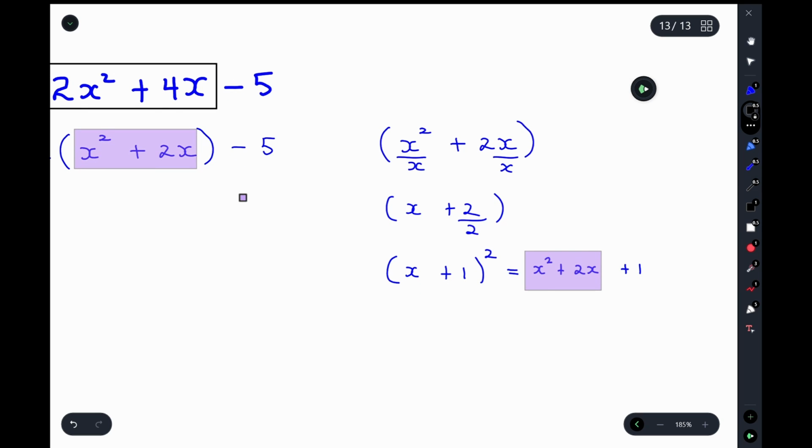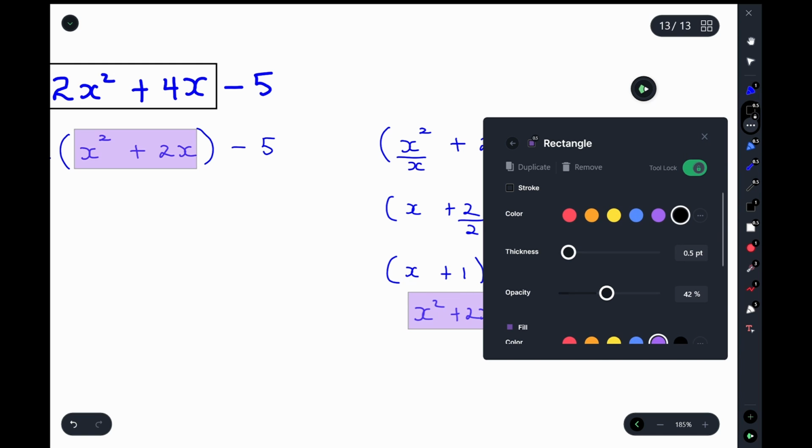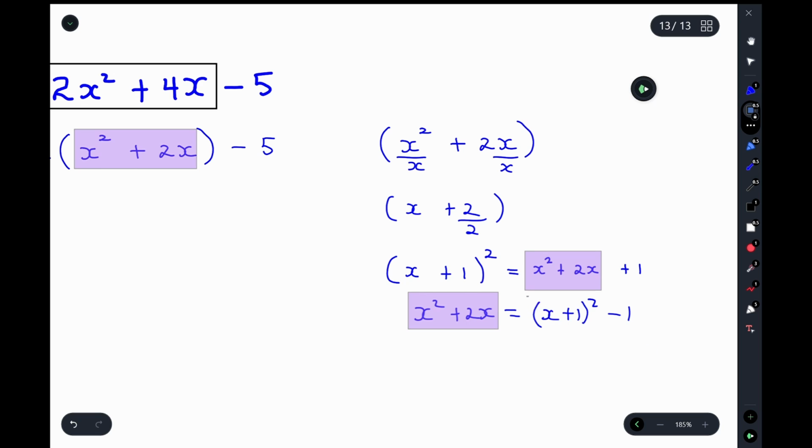My next step is to make x squared plus 2x the subject of the formula. So x squared plus 2x will give me the linear factor squared, x plus 1, to be squared minus 1. So now we have a new term for this.